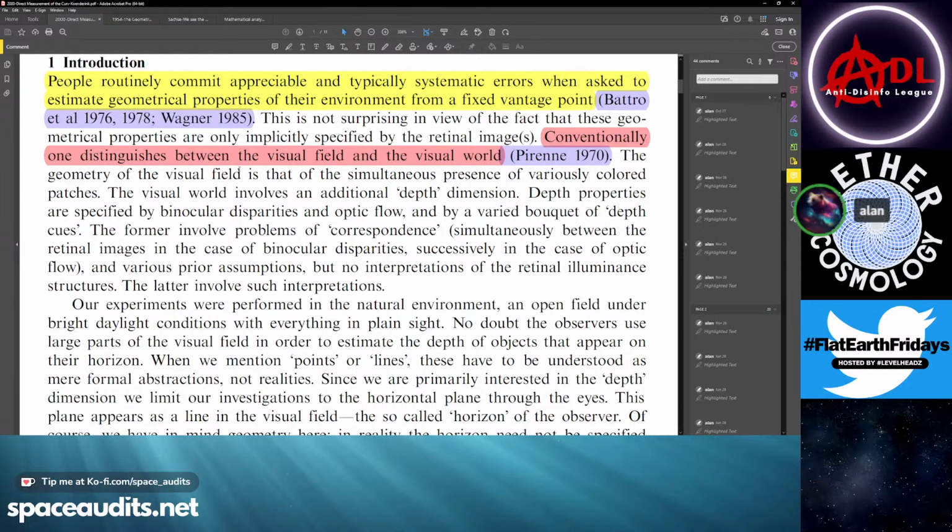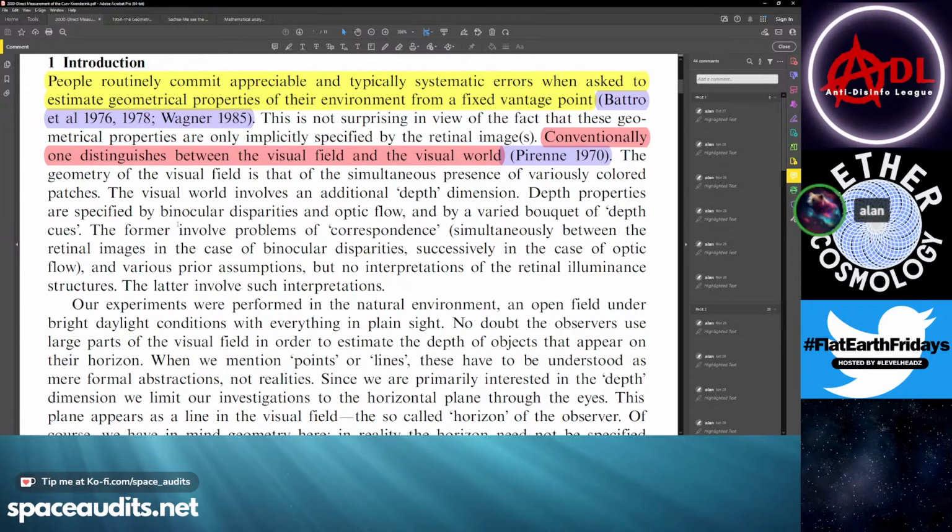the geometry of the visual field is that of the simultaneous presence of the various colored patches. The visual world involves additional depth of dimension. The depth properties are specified by binocular disparities in optical flow and are varied by a bouquet of depth cues.